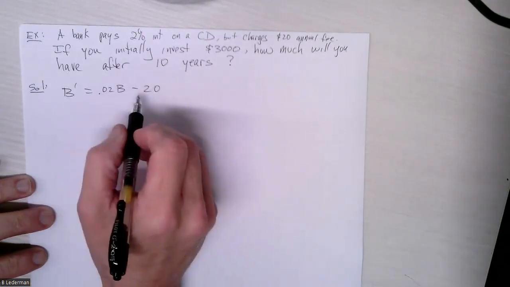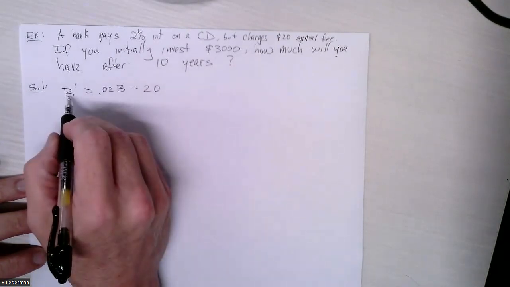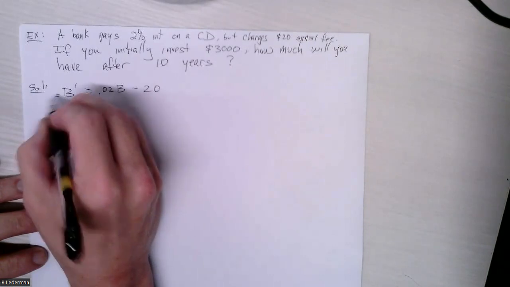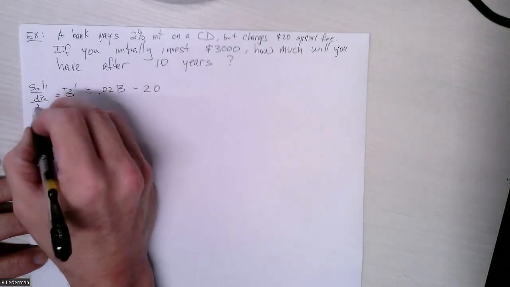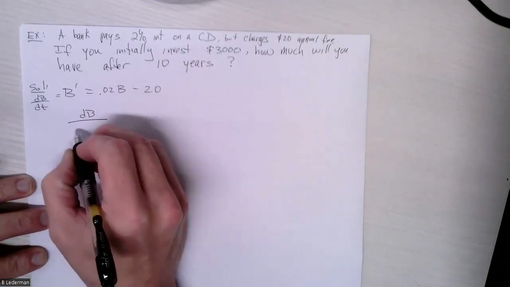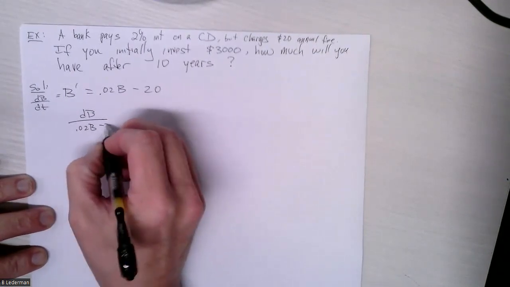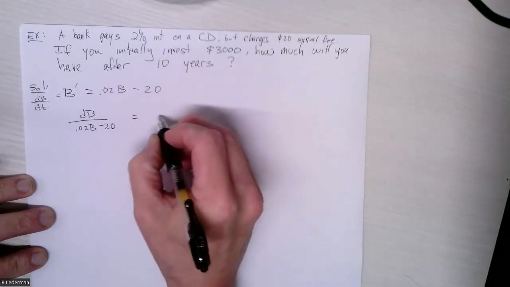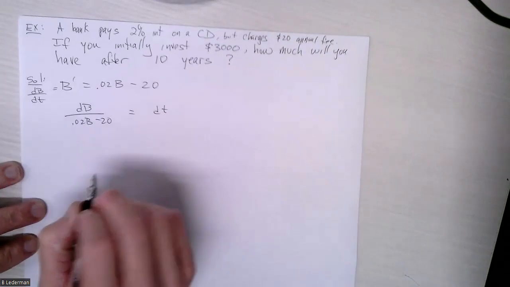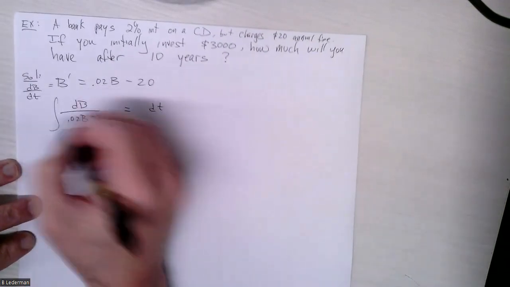Now, this is a separable differential equation. So don't forget, this is really dB/dt. So I have dB over 0.02b minus 20 equals just dt. And now I'm going to take the integral of each side.